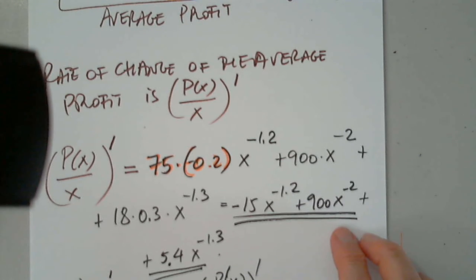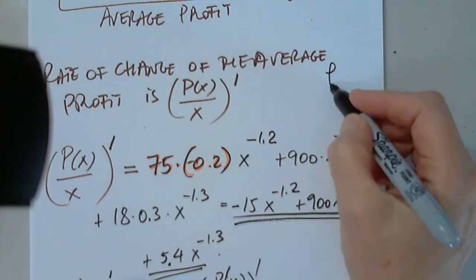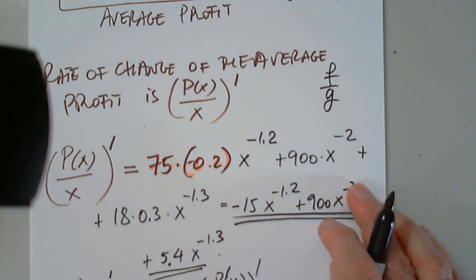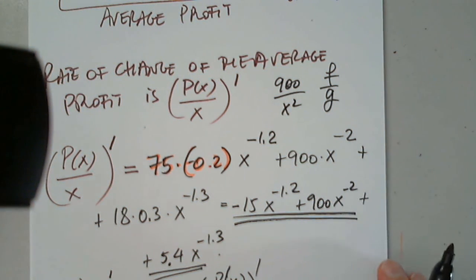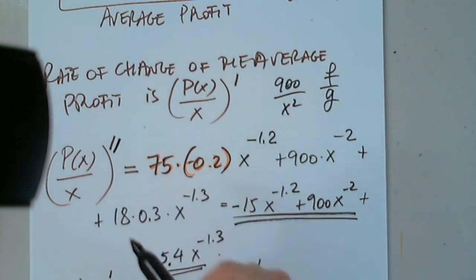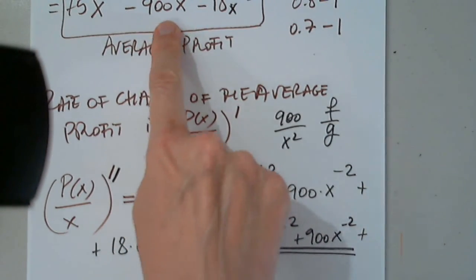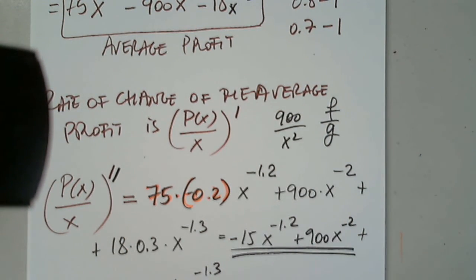We don't have a coefficient multiplied by the 900. 0.2. A quotient requires a function over another function. Here you have a number over x squared, and this is already differentiated. You don't need to differentiate it again. If you differentiate it again, you're going to get the second derivative, not the first derivative. We already differentiated it from here.